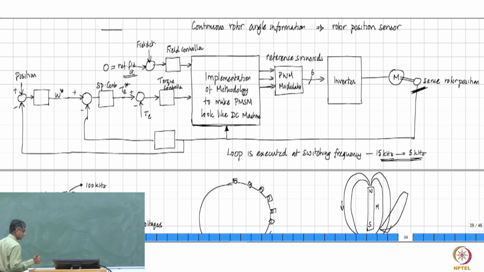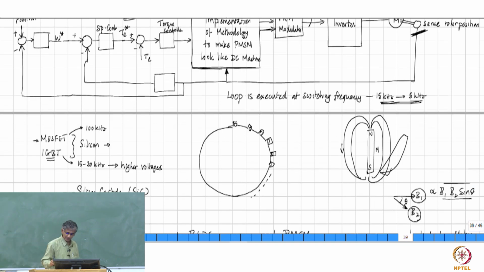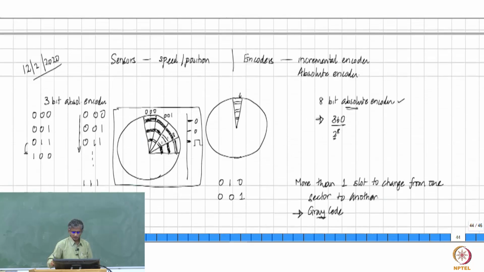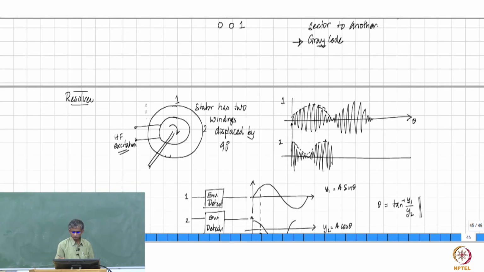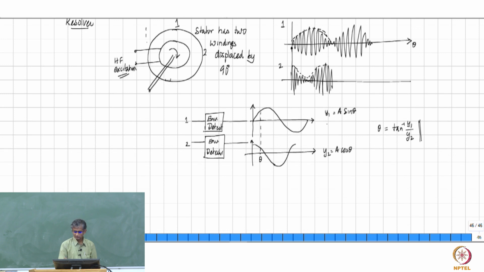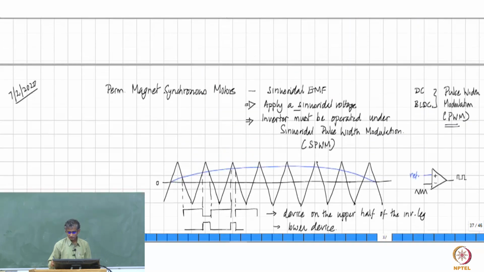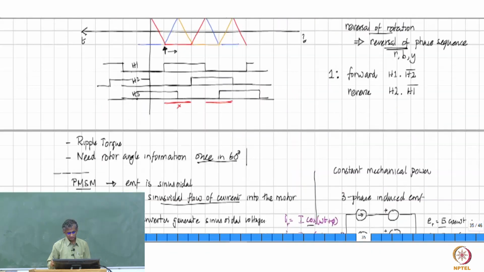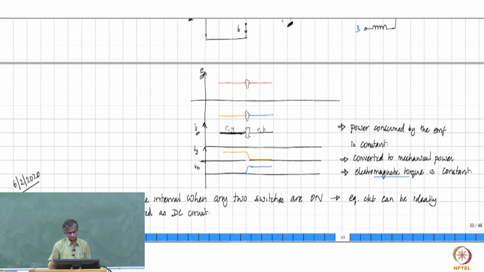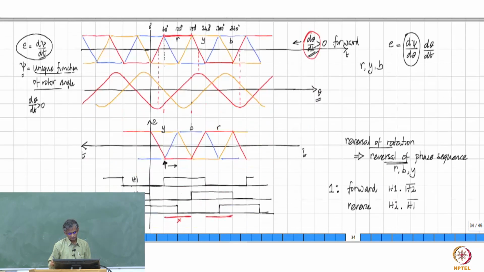See, you see that the resolver is able to give you an output like this, which is a sinusoidal output after you do the envelope detection, right? But a Hall effect sensor, like the one that we had used for the BLDC machine, where did we draw this?